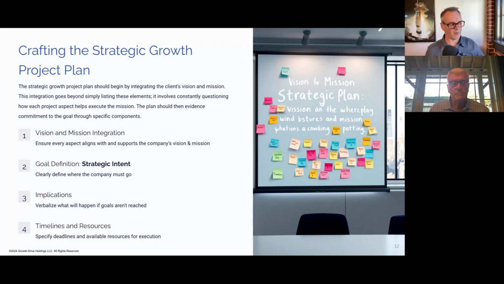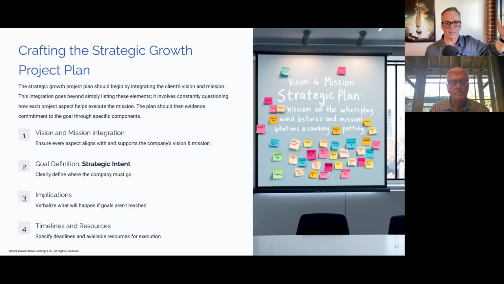And as I hope you're beginning to appreciate, by clearly defining where the company must go at the very beginning of our work with the client, we are qualifying that client. We are educating the client about, okay, we are generating $12 million a year this year. We need to get to $30 million top line with 20% margin, right?